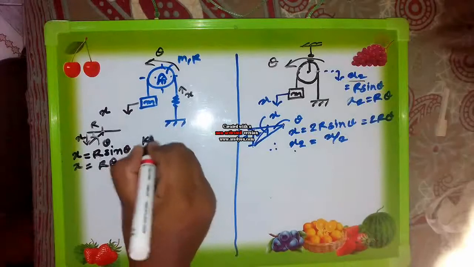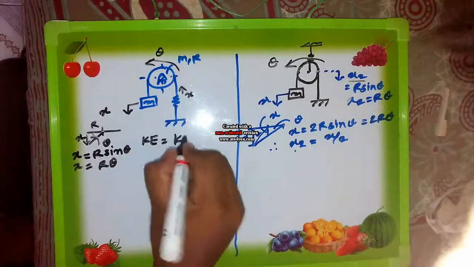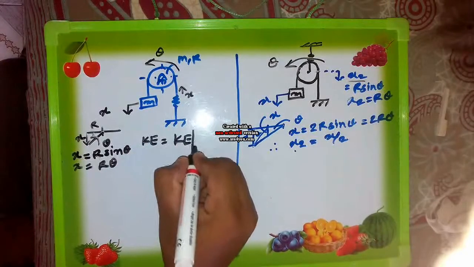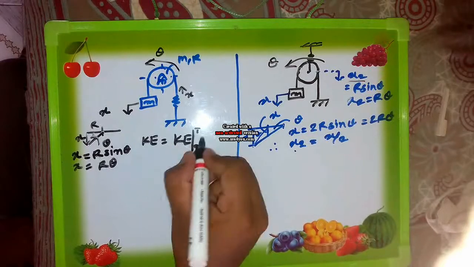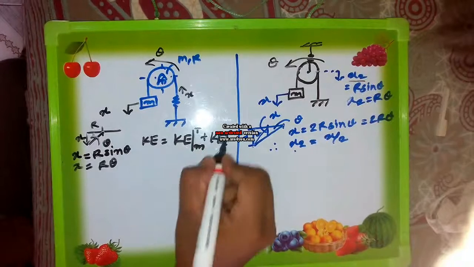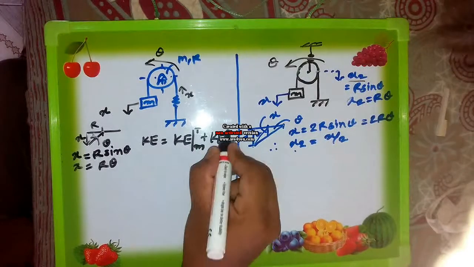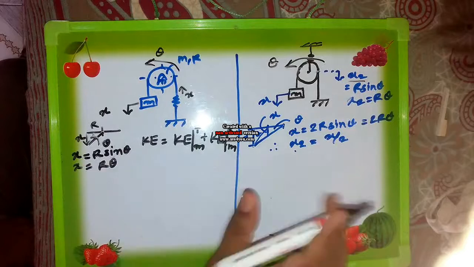Let the net kinetic energy of the system be equal to the kinetic energy of the mass small m of translational type plus the kinetic energy of mass capital M of only rotational type, not translational type.